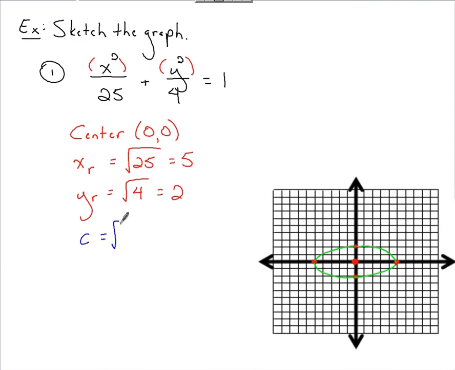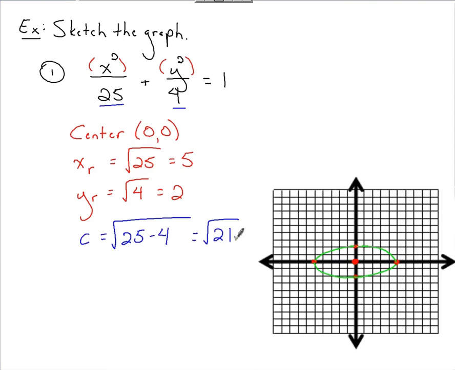C is going to equal the square root of, well, I'm going to take my larger value minus my smaller value represented up here in the denominators, get the square root of 21, simplify roots where possible, can't do much better than the square root of 21.